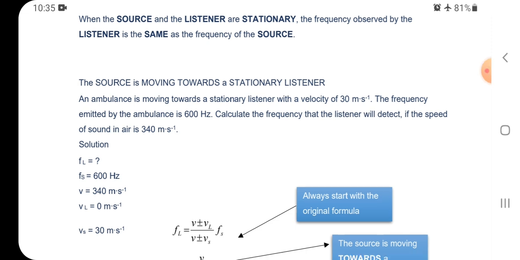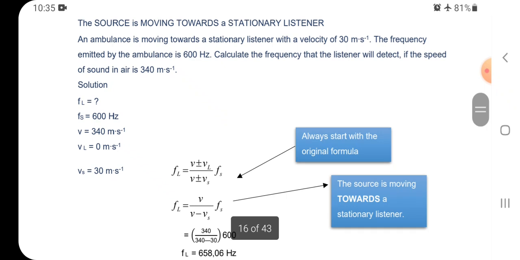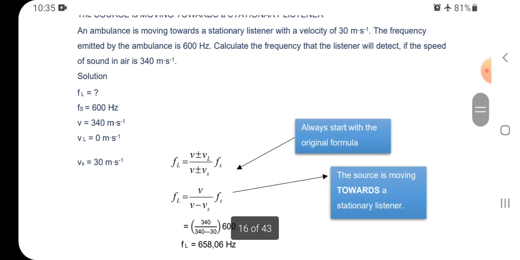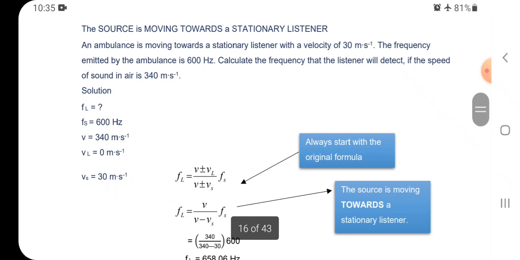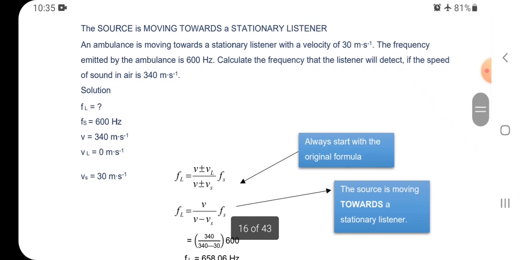So here we will say that the source is moving towards a stationary listener. If you remember the formulas that I've shown you, we are using the formula of the source when it's moving towards a stationary listener.